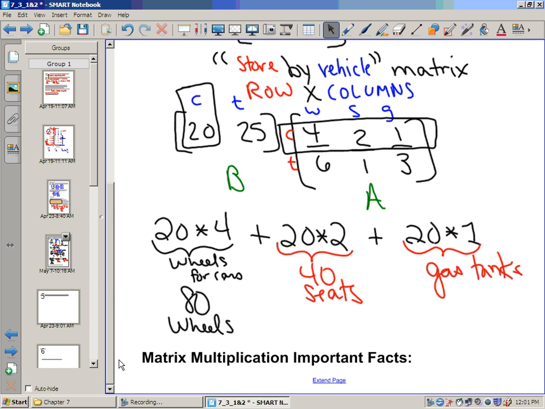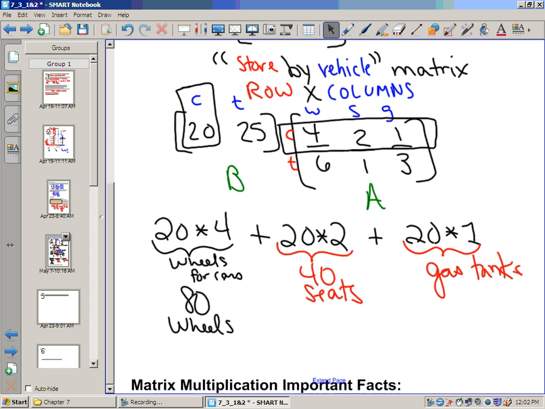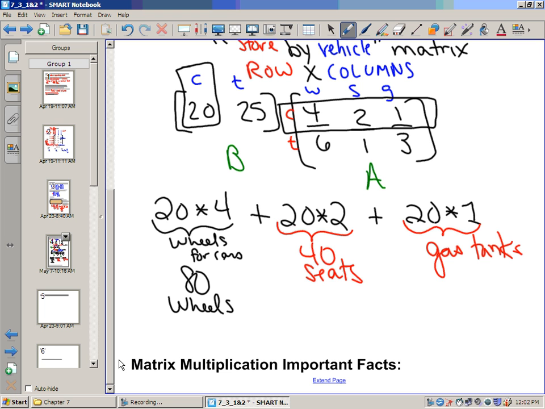So I don't know if your team's got that far, but any questions about that then? Is that just for cars they wanted to know about seats and gas tanks, or did they want to know about cars and trucks? All right, so there's the cars. All right, so how are we going to do trucks then?